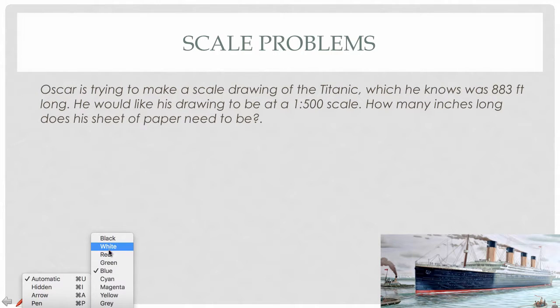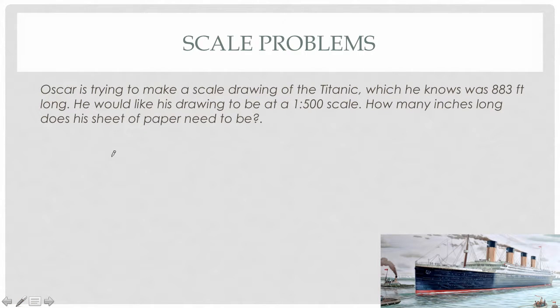Let's figure out how to represent this proportion. We have a scale factor of 1 to 500, which means that for every 500 feet, his drawing would be 1 foot.